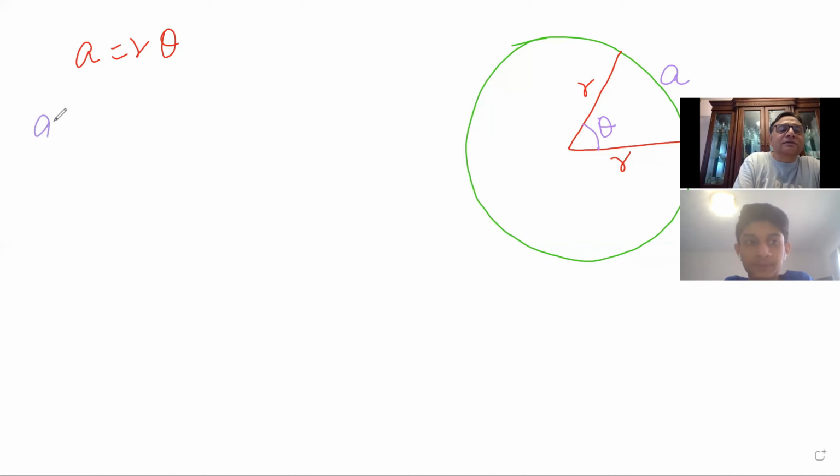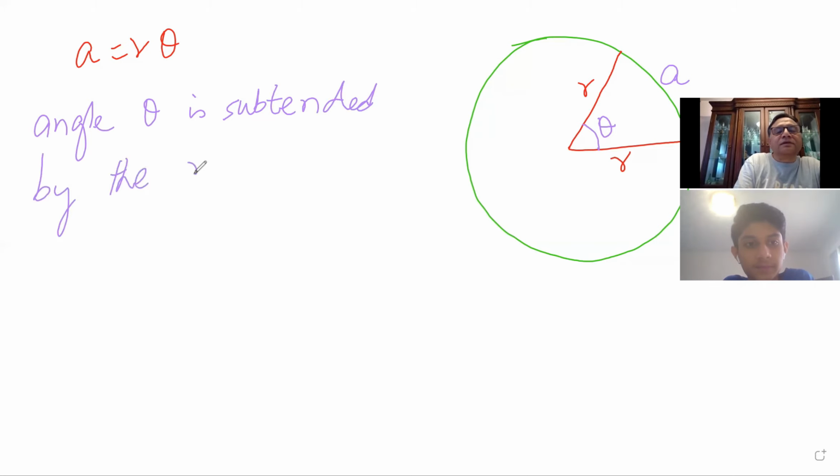So angle theta is subtended by arc A, right? By the arc. So if I'm not labeling anything, let me right now label this as AB, okay? By the arc AB.